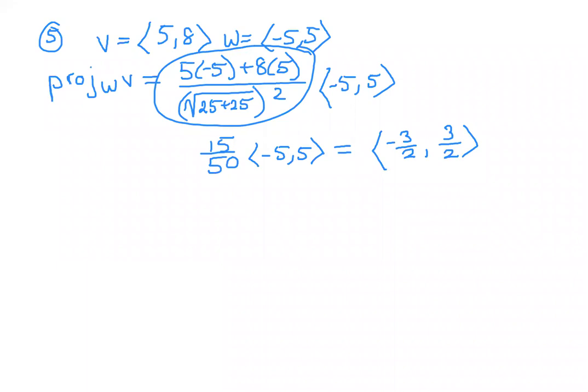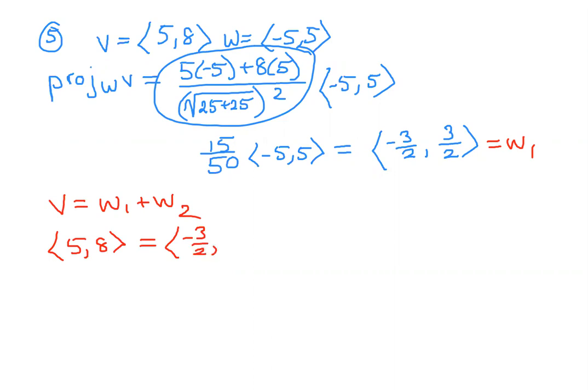So remember what we're trying to do. Rewrite V as W1 plus W2. And this right here is W1. So let's substitute in what we have. 5, 8 equals -3/2, 3/2 plus W2. So we're going to solve this.